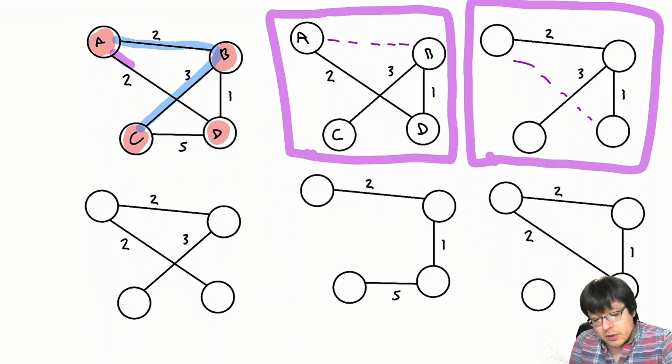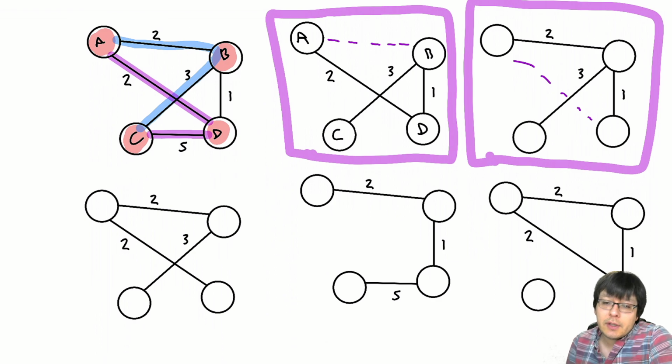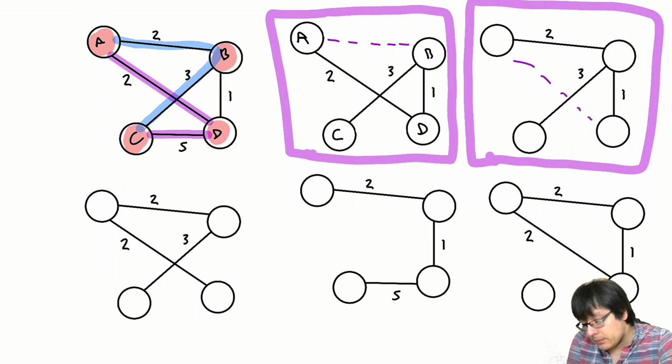Well, you could go down this way to D, and then from D you could go to C. Now this is a slower route because it's going to take 7 seconds, because even though the hop from A to D is the same time as from A to B, the second hop is going to be a little bit longer, right? Are there any other paths that you could take?